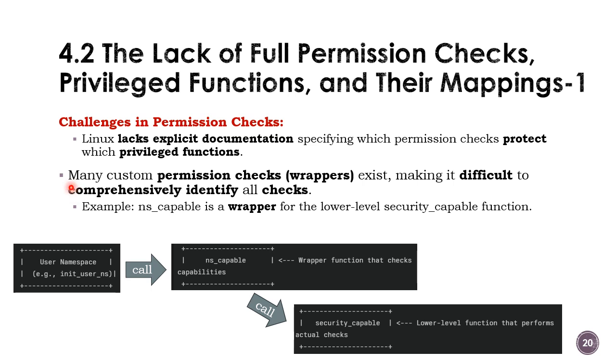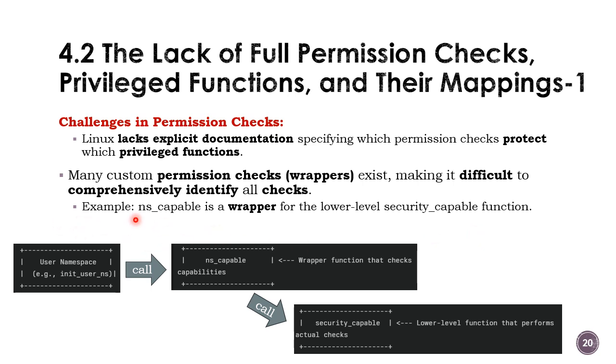We also mentioned that the permission checks have wrappers. Wrappers, as we discussed before, are maybe higher level functions that need other functions to actually do the job, but those functions can be reused in different services.